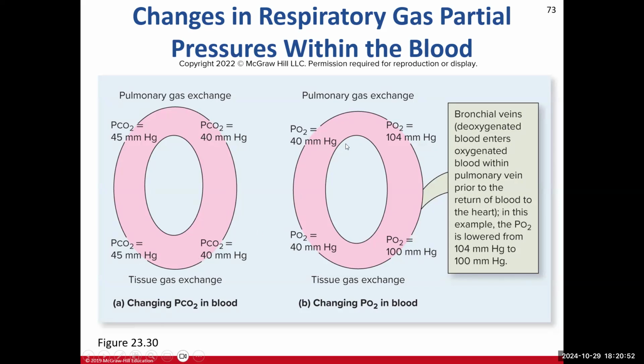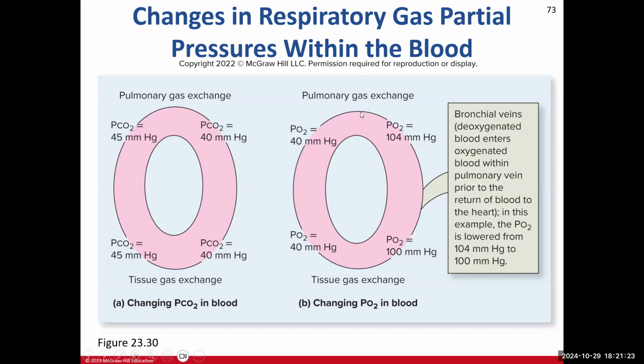Now, one of the things, and it's a little easier to go over some of these concepts had I not expected you to watch some of the material in the videos, but one thing I want to point out: when you exchange oxygen across the respiratory membrane in the lungs, the partial pressure of oxygen coming to the lungs before gas exchange occurs is 40 millimeters of mercury.